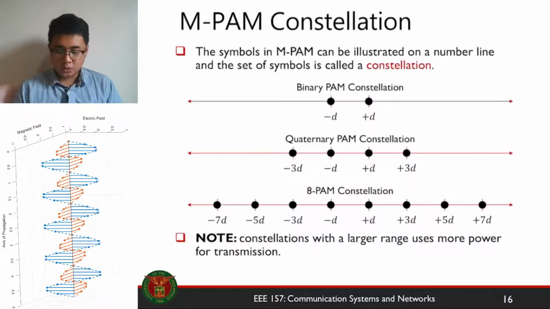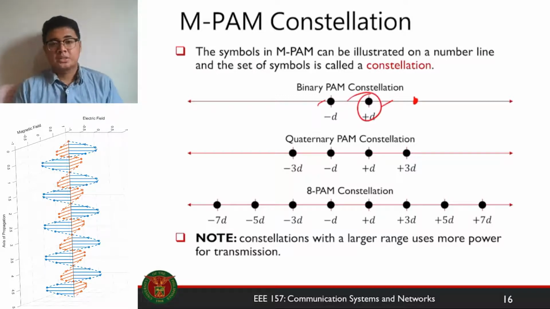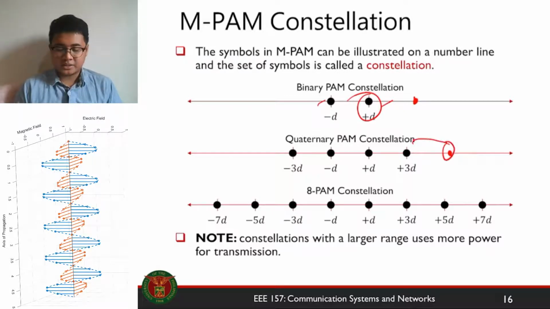So this is where your constellation comes in. If we take the symbols in PAM and put them on a number line, we have a PAM constellation. So the binary PAM has two symbols, one at positive D and one at negative D. If the received signal is here, very high, the receiver will understand that it's this positive D symbol, so it must be bit 1. For the quaternary PAM, if the received symbol is here, the receiver will understand it's positive 3D, so it must be 1, 1.